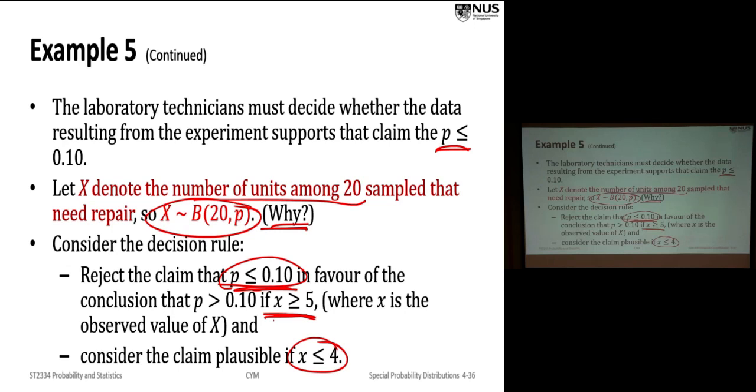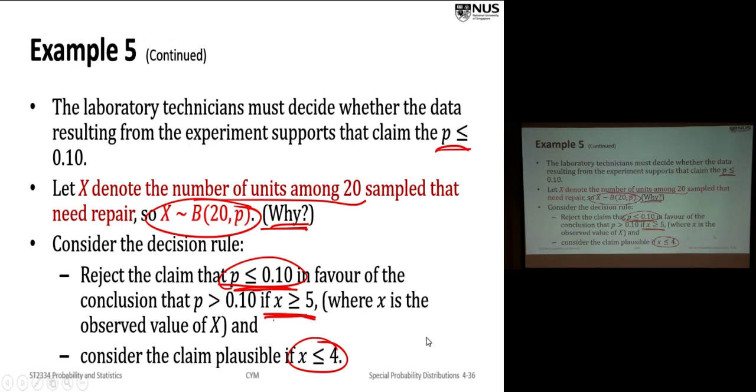If P is big, I expect more units out of this 20. So how big is big? So I set a line. If X is greater or equal to 5, I would say that P is very big, bigger than 0.1. But on the other hand, if the number of items needing repair is very small, like 0, 1, 2, 3, or 4, I will believe that P is less than 0.1.